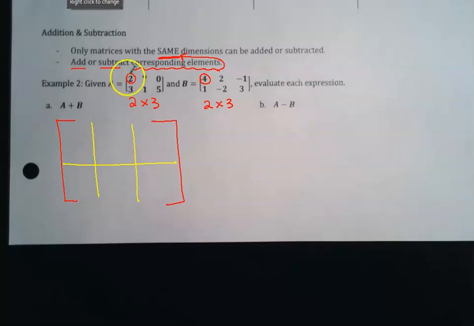Okay, so it's going to be 2 plus 4, right? Element 1, 1 plus corresponding element 1, 1. Okay, in the next one, element 1, 2 plus element 1, 2. So we're going to have 7 plus 2. The next one, element 1, 3 plus element 1, 3. So 0 plus negative 1.